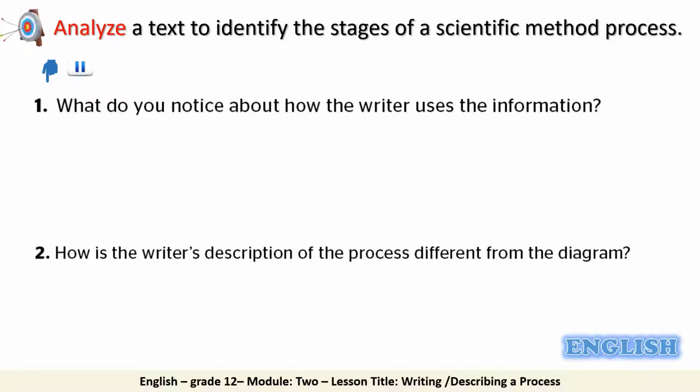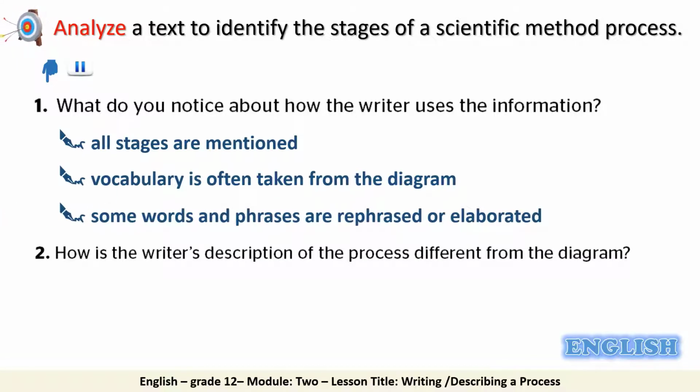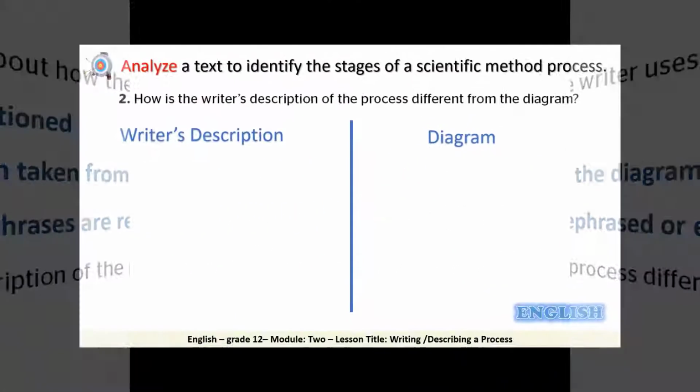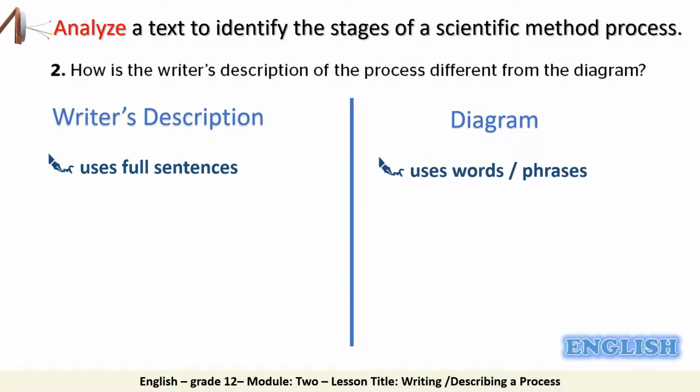Well done. Let's see the answers. So we notice that the writer mentions all the stages. He takes vocabulary from the diagram and he rephrases and elaborates on some words and phrases. As for the second question, we notice that the writer uses full sentences in his description, but words and phrases are used in the diagram.